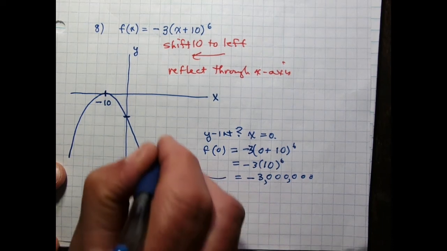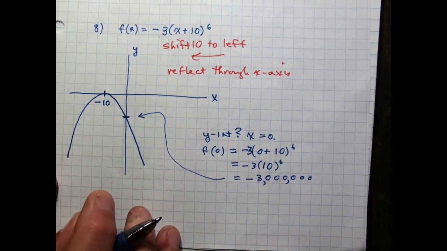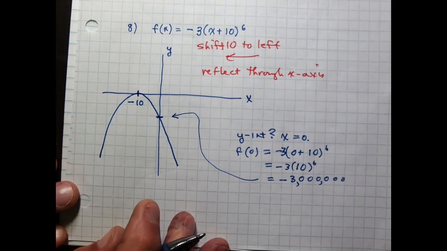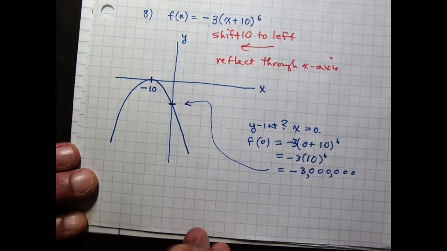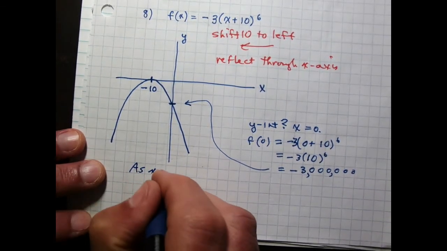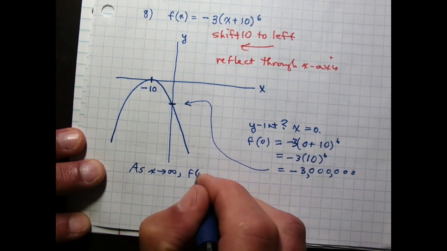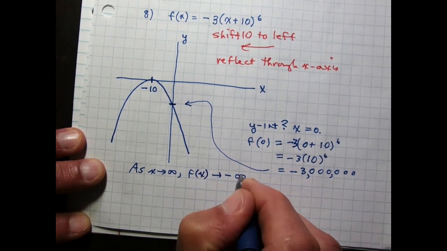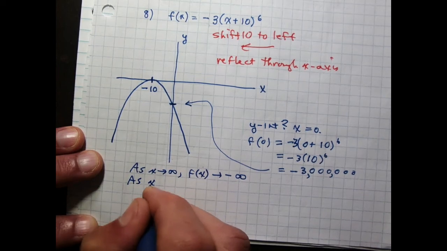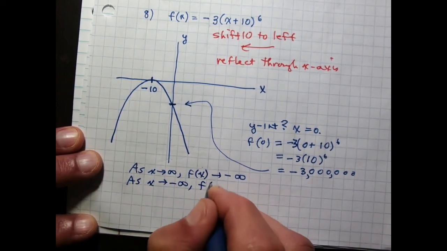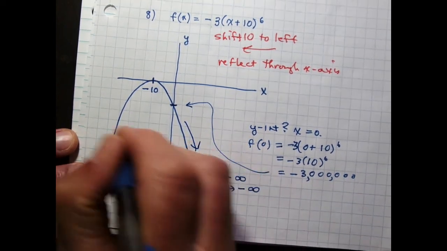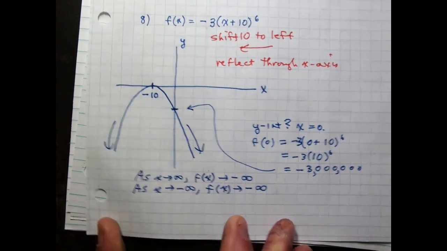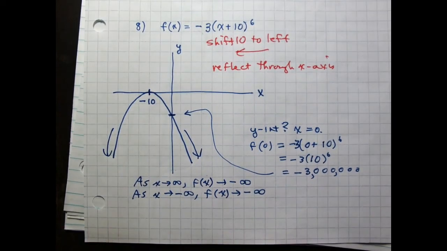So my scale is changed greatly on the y-axis, if I'm really fitting that -3 million point on there. And end behavior: as x approaches infinity, f of x approaches minus infinity. As x approaches minus infinity, f of x also approaches minus infinity. That's reflecting the fact that both ends of that graph are going downward. And that's it.